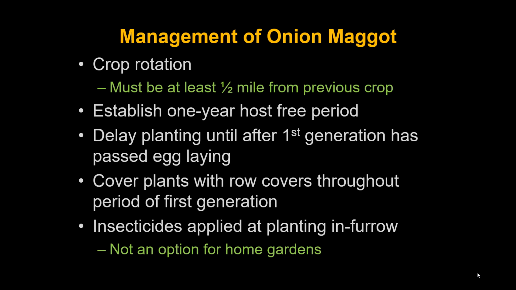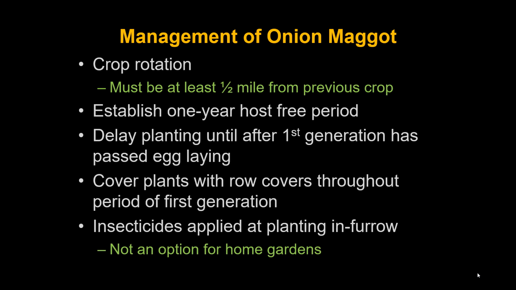But if you could, this is an insect that if you have sufficiently distant rotations, you can largely manage this insect. You could do it if you had a host-free period for that at least extended through most of the year, and ideally for an entire year.